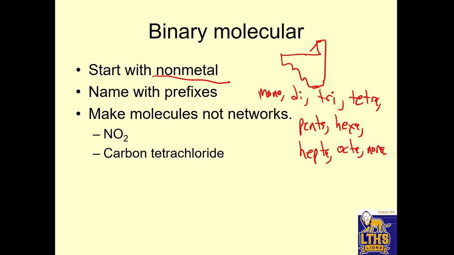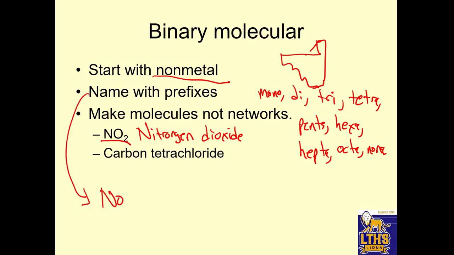All right, so they make molecules, not networks. So NO2. I have 1 nitrogen, so I'm going to get into the weird, annoying little quirks on this. Nitrogen, and then I have 2 oxygens, dioxide. And that makes me remember, oh yeah, when I name with these, I name with prefixes, but no prefix for the first mono.